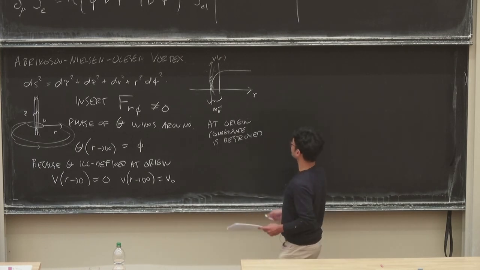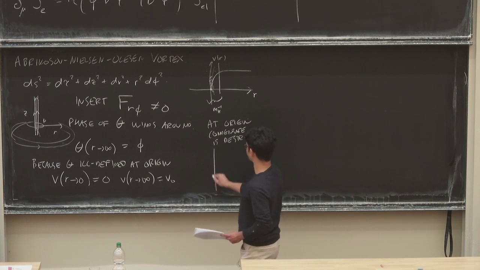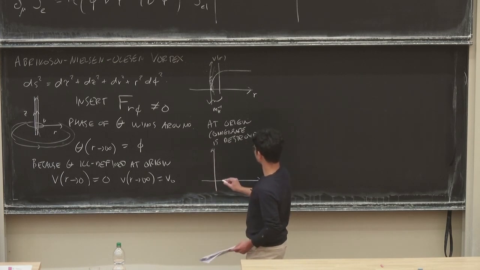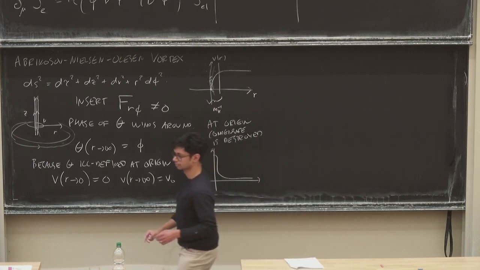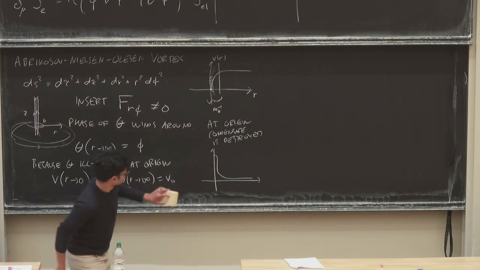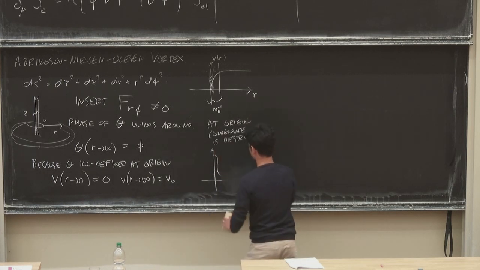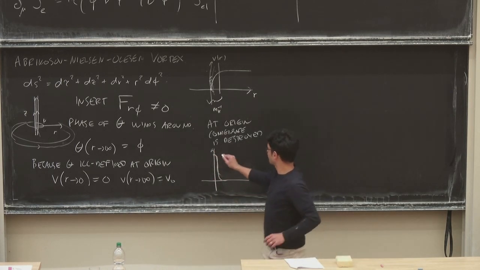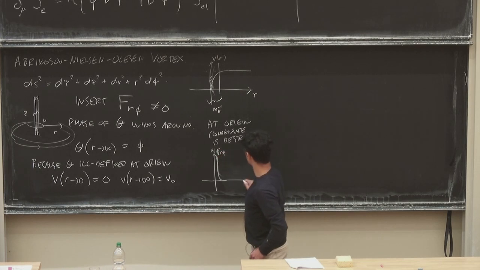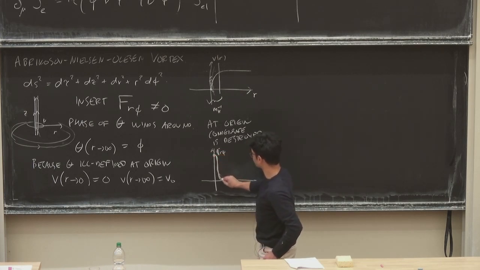So if you do a calculation of the magnetic flux, what you'll also find is the magnetic flux now sort of has the opposite behavior. The magnetic flux is all going to be trapped. Sorry, it goes to exactly 0. Okay? So if I make a plot of f_rφ as a function of r, the magnetic flux is only non-zero at the origin, and then it goes away.